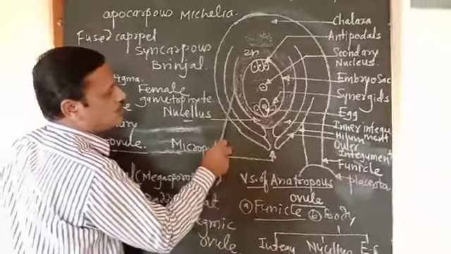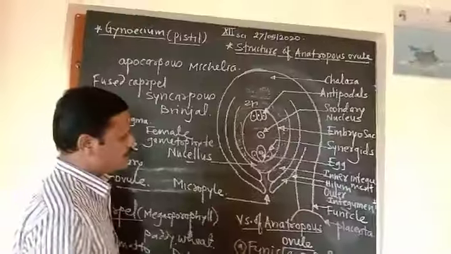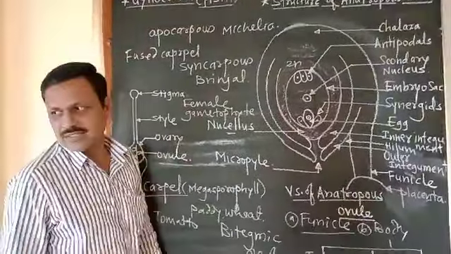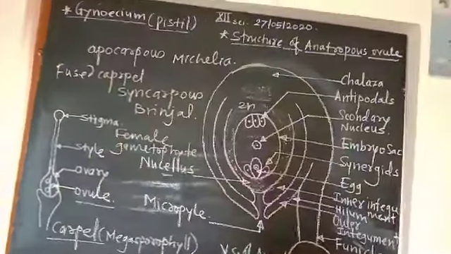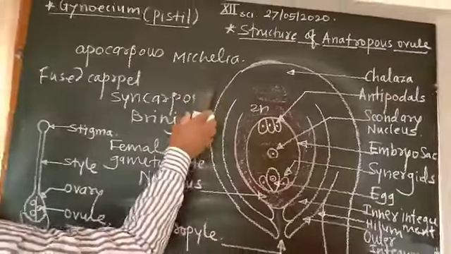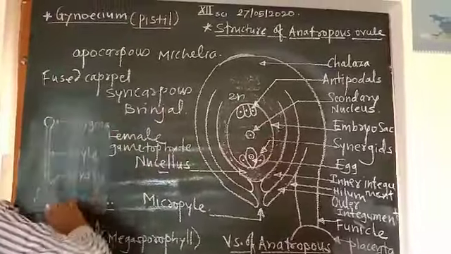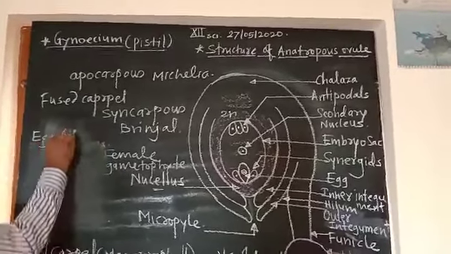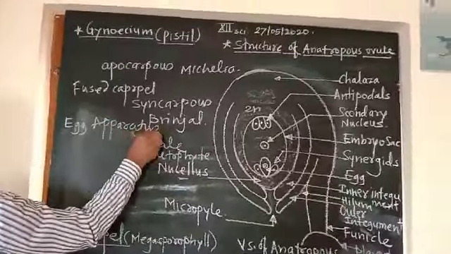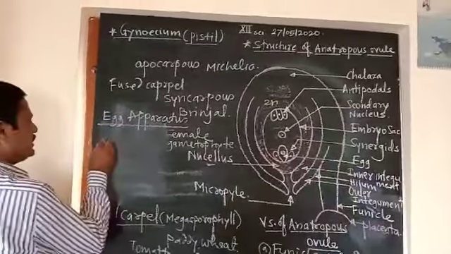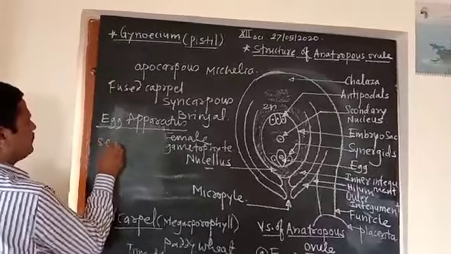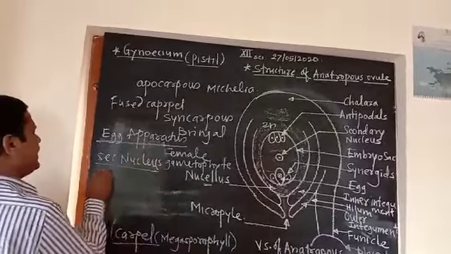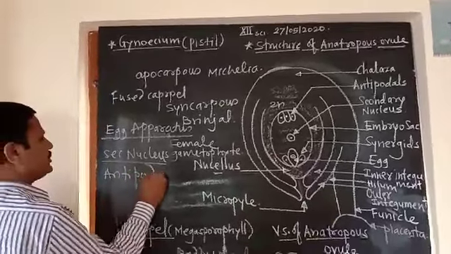It is further divided into three main parts: egg apparatus, secondary nucleus and antipodals.